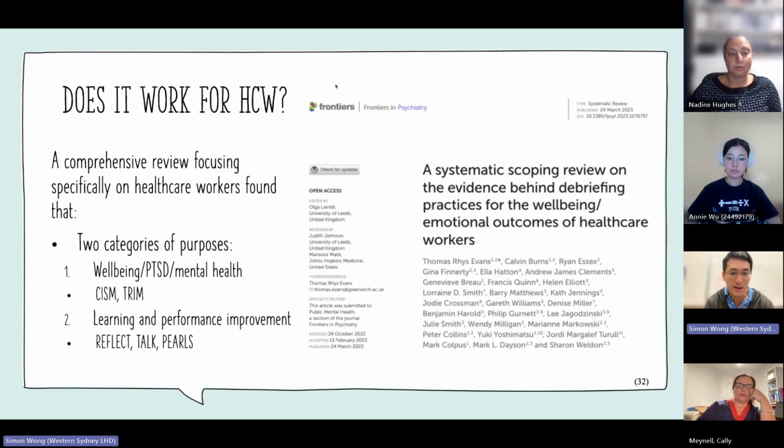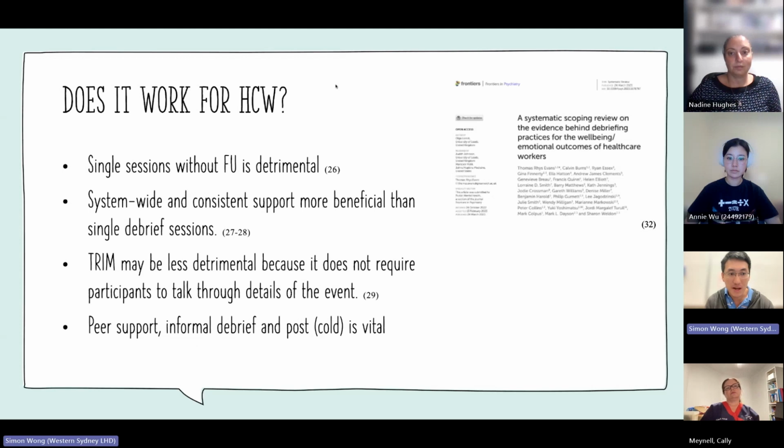But more importantly, the value of debriefing in learning and performance improvements, and they have various frameworks, like reflect, talk, and pearls. Once again, they pointed out single sessions without follow-up is detrimental. Having system-wide and consistent support for your healthcare workers that have gone through a critical incident is more beneficial than a single debrief session.